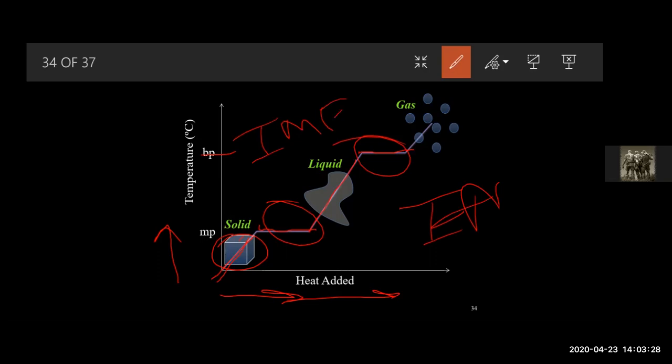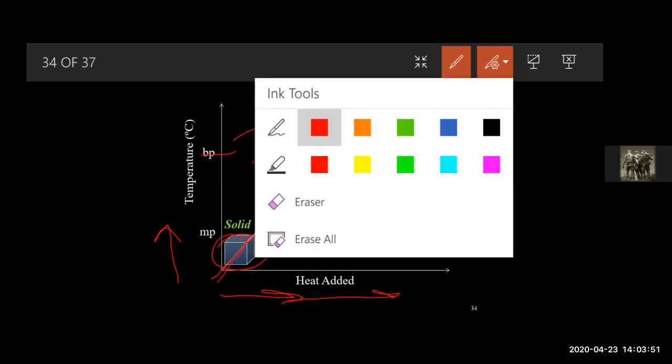Okay, until such time, in each plateau, the first one we have a mixture of solid and liquid, and the second plateau we have a mixture of liquid and gas, until all of that liquid has now been converted to the gas phase, and we have another increase in temperature. Okay, but at the plateaus we are breaking up those interactions.